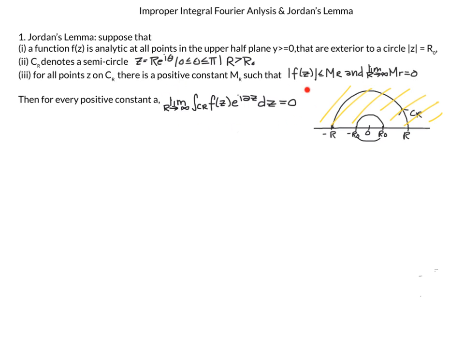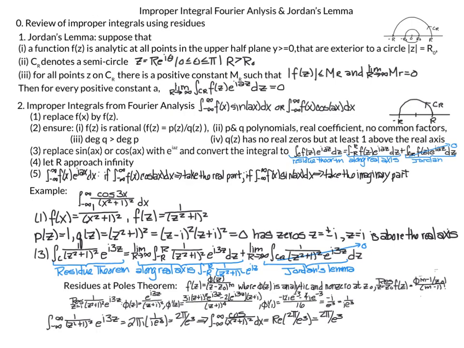So let's see how we're going to use this. The idea is that the integration over this curve of f of z e to the iaz will equal 0. And just for reference, on our overview slide, Jordan's lemma is right here under our improper integrals, and it will show up on this step of our procedure to do these improper integrals from Fourier analysis.